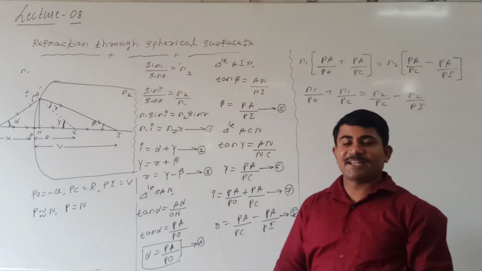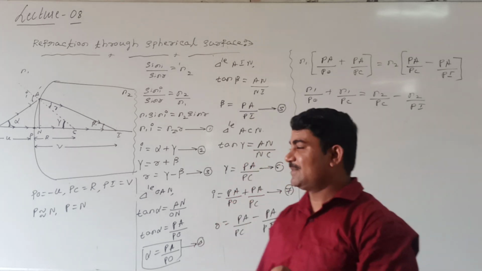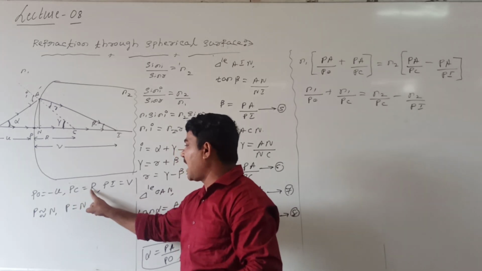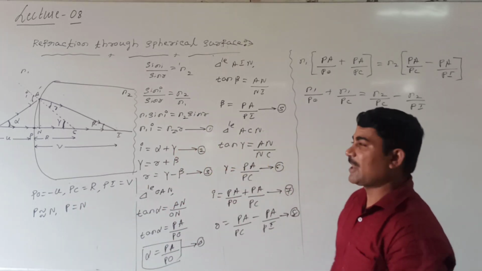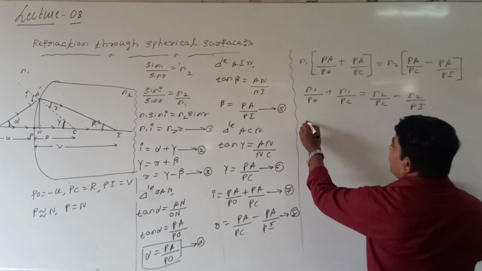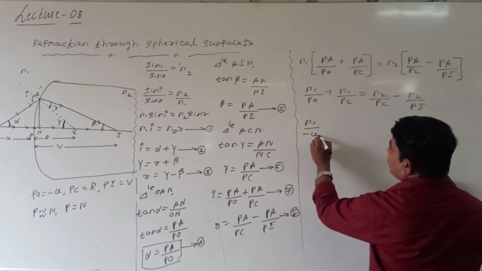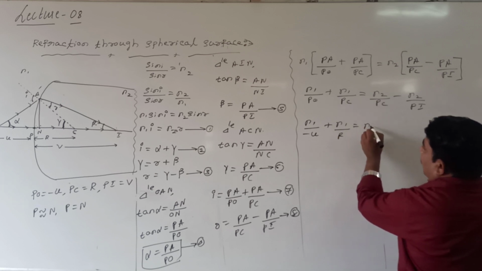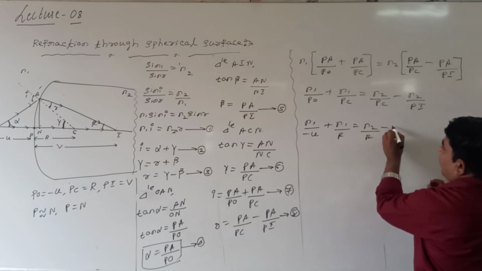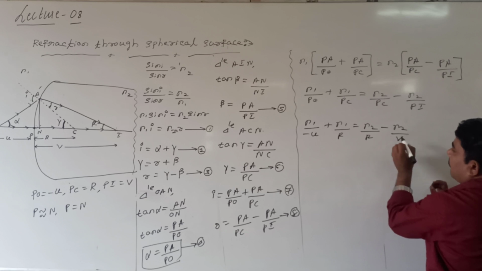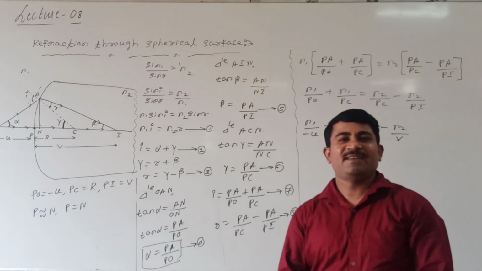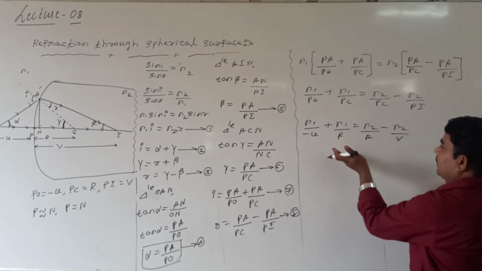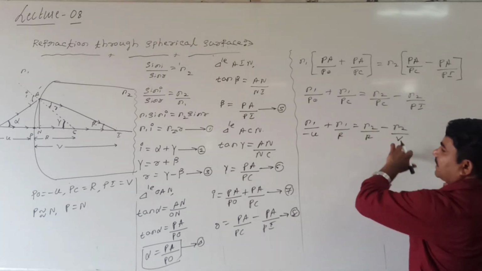Now let us use sign conventions. PO is equal to minus U, PC is equal to R, PI is equal to V. Putting that in: N1 divided by minus U plus N1 divided by R is equal to N2 divided by R minus N2 divided by V. Now just rearrange these equations. Bring V to this side and N1 to that side.